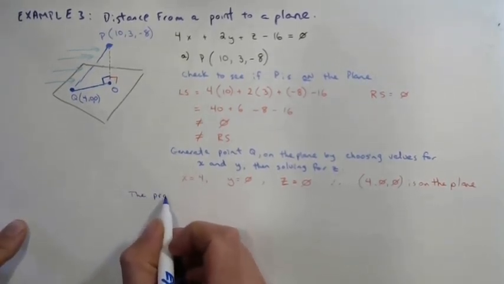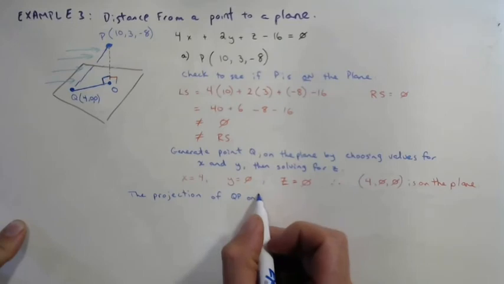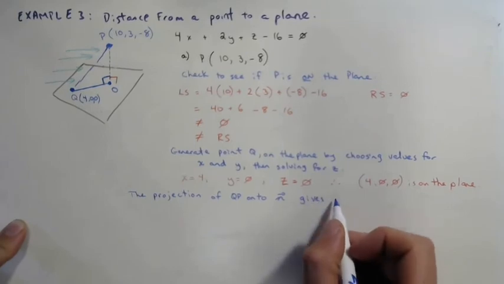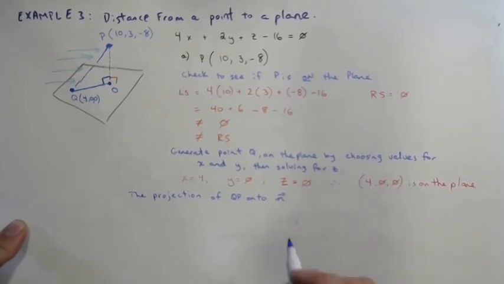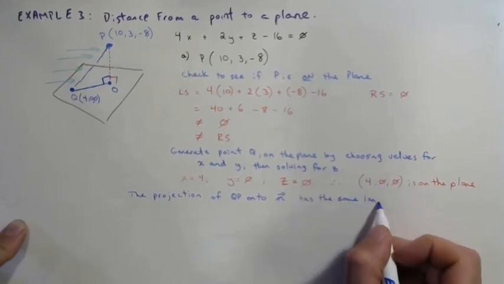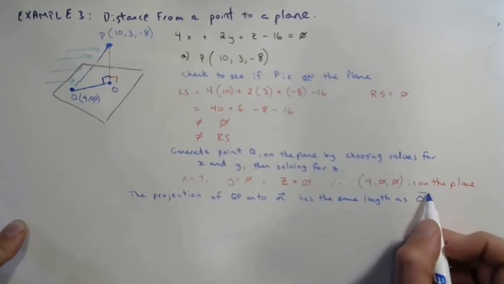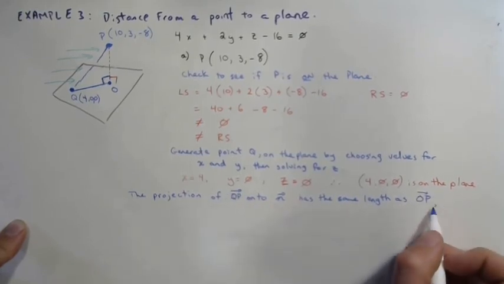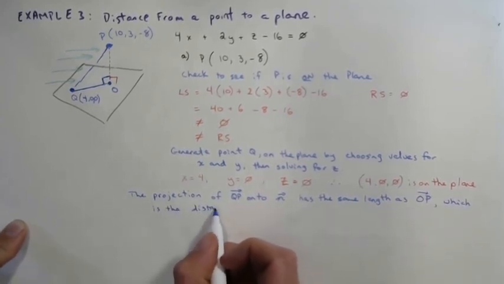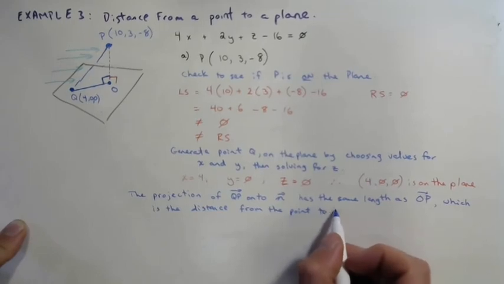The projection of QP onto N has the same length as OP, make sure these are vectors, which is the distance from the point to the plane.